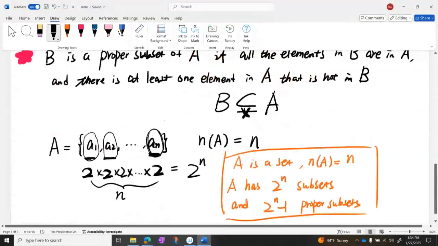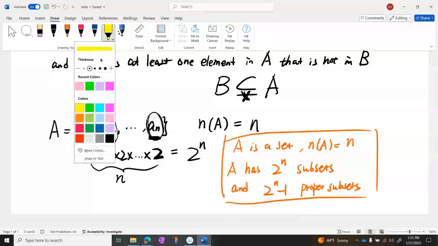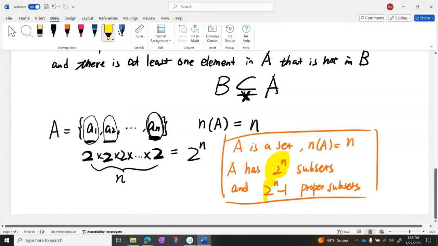And then I give you a general case when the set has n elements. When the cardinal number of the set is n, then the number of subsets of the set is 2 to the power of n. Minus 1, we have the number of proper subsets. Well, you need to understand and memorize. I recorded the class. If you don't understand, repeat it, all right? So far, so good?